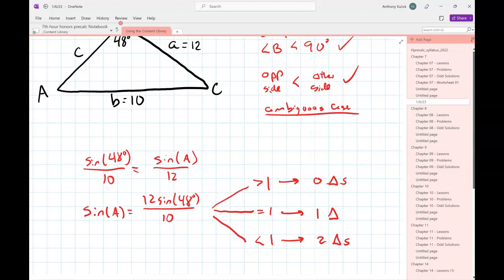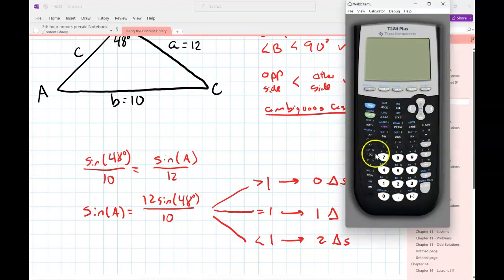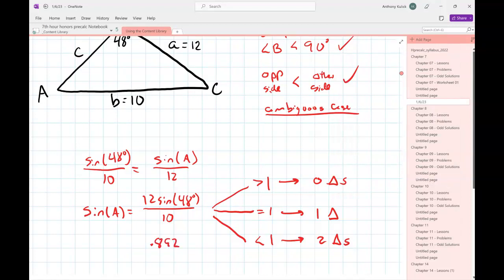Okay. Let's go ahead and type this into our calculator and see which one we run into. 0.892. So we have a 2 triangle situation. Everybody cool so far?